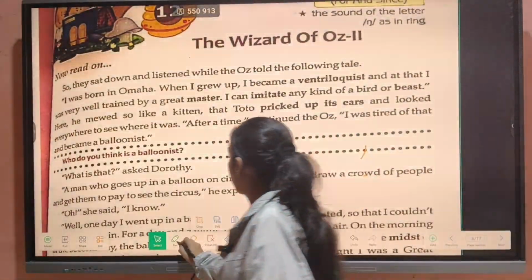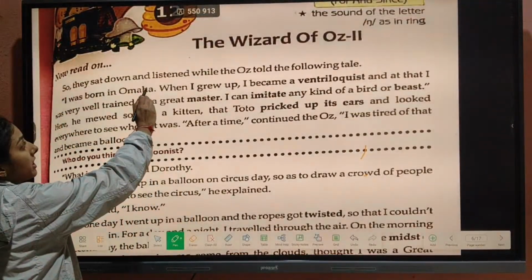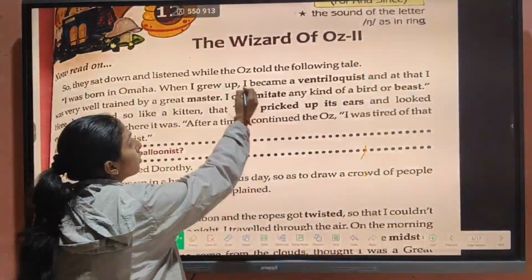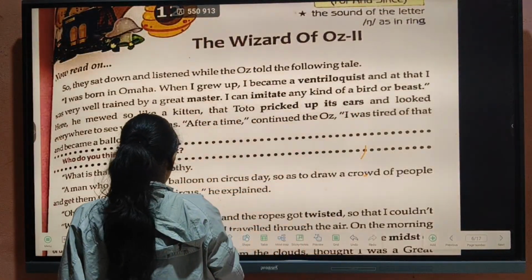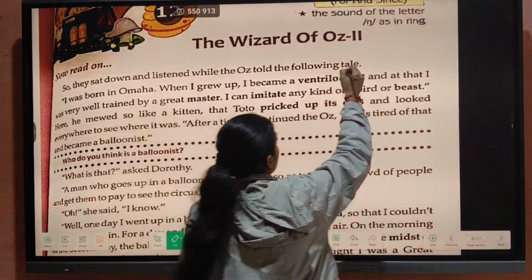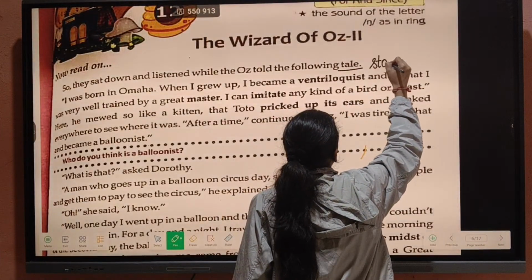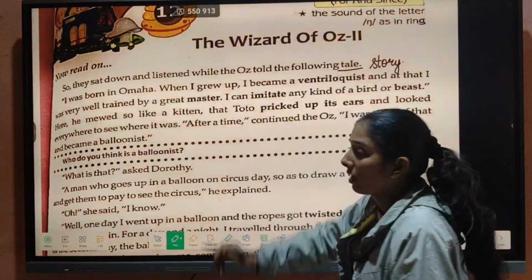So they sat down and listened while the Oz told the following tale. What is meaning of tale, beta? Tale means story. Okay.